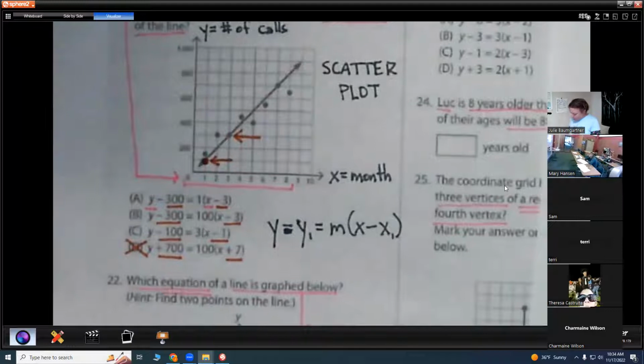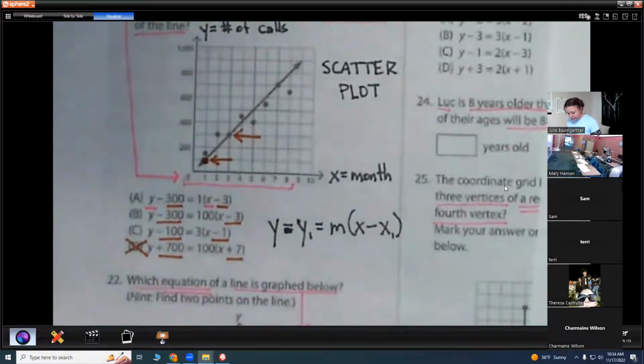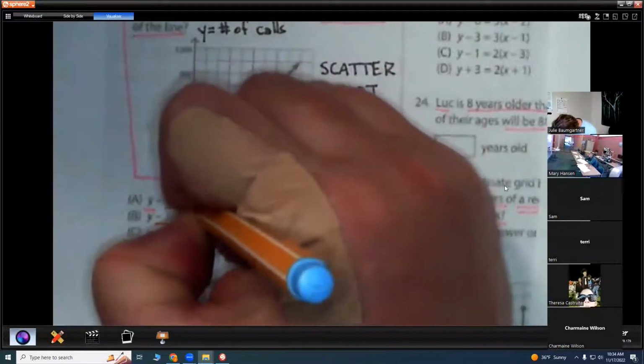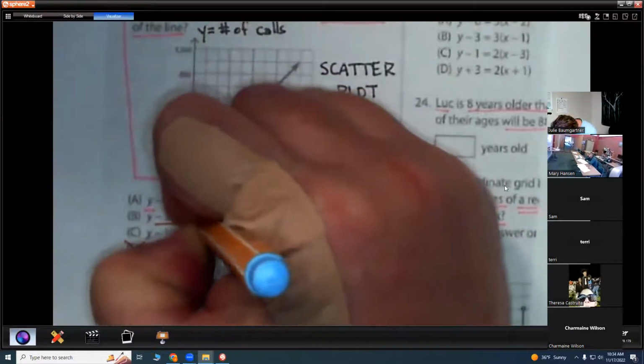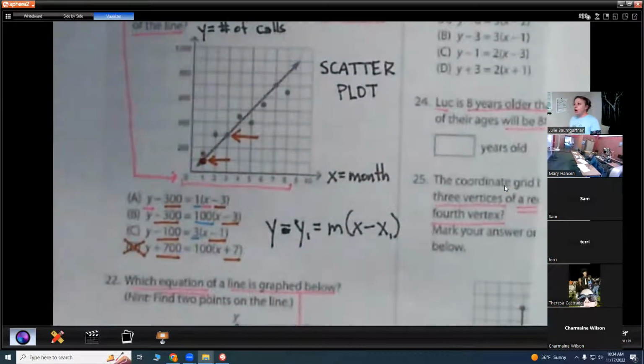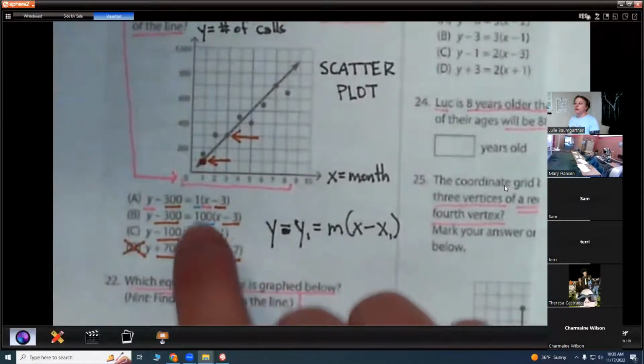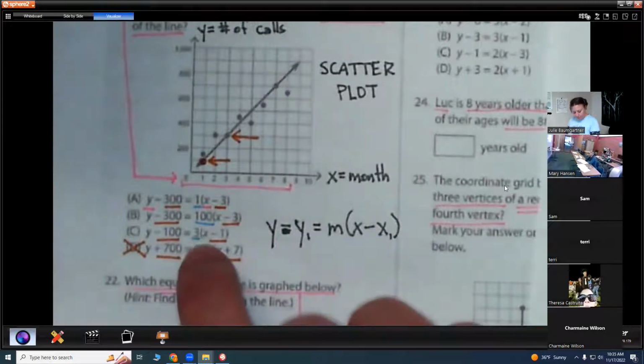So then the last thing that we have to decide is our slope. So how can we figure out if the slope is 1, 100, or 3?